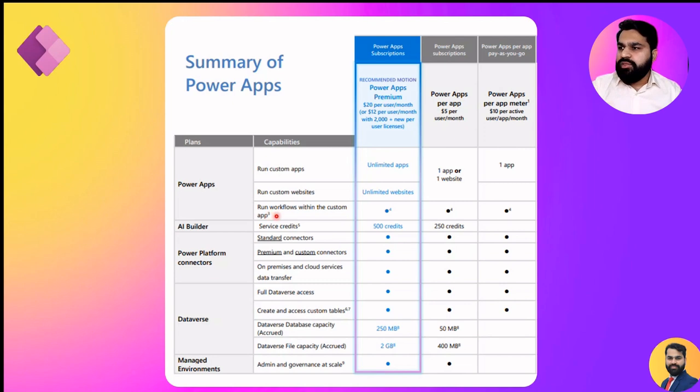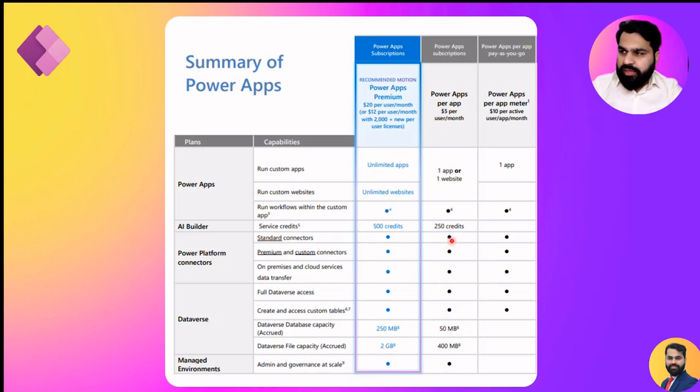Then these users will be able to run any of the workflows within the custom application also. What does this mean, running the workflow with a custom application? I will talk about this when we talk about Power Automate licensing.